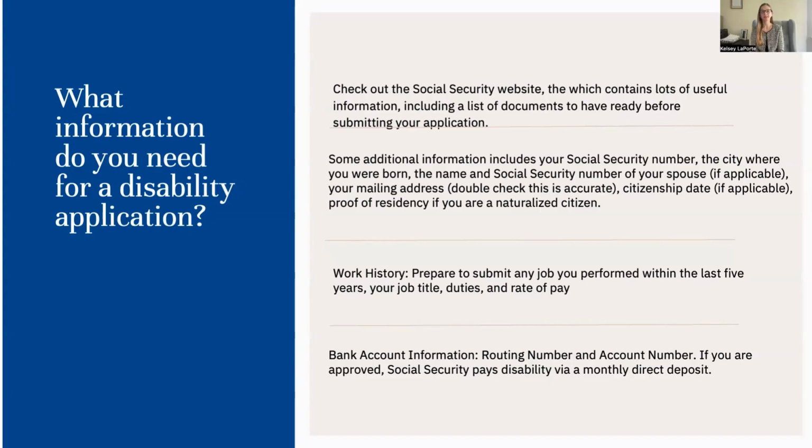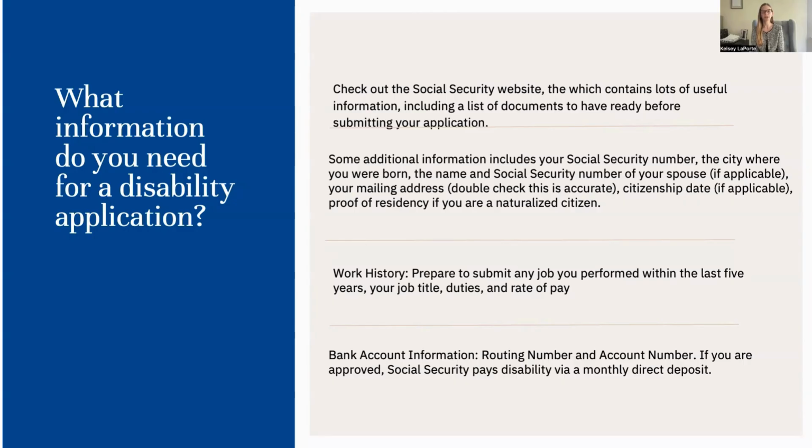Thanks, Kevin. Let's next discuss what information you need to gather and have ready before you file your disability application. The disability application process requires a lot of detailed information, and the more prepared you are, the faster and smoother it will go. This information is crucial for verifying your identity, determining your eligibility, and processing your benefits accurately.